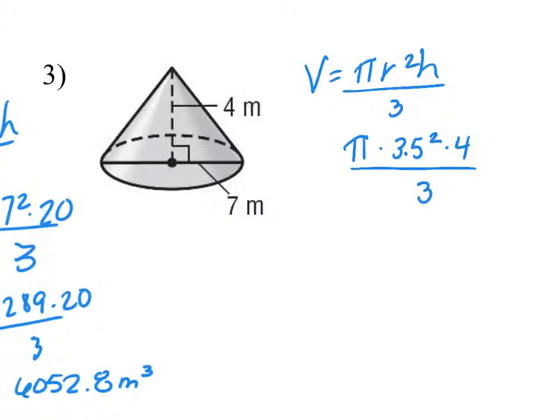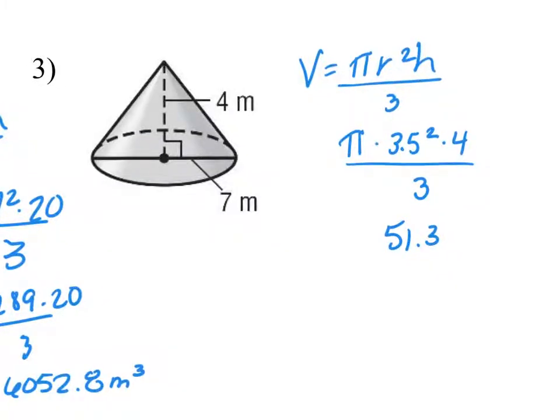On something like this, I would probably do 3.5 squared times pi times 4 divided by 3, and I got 51.3 meters cubed.